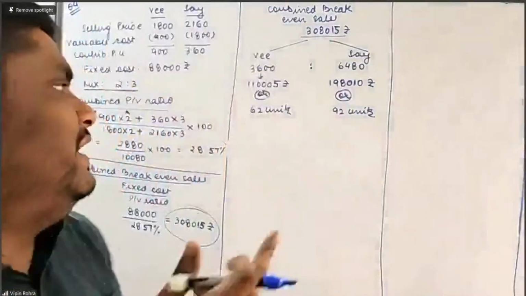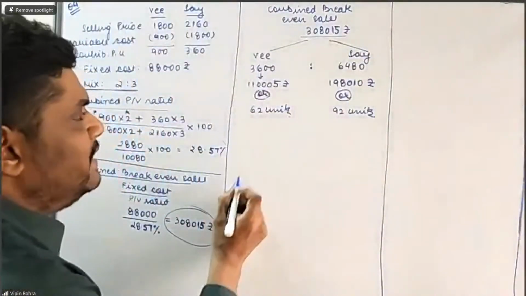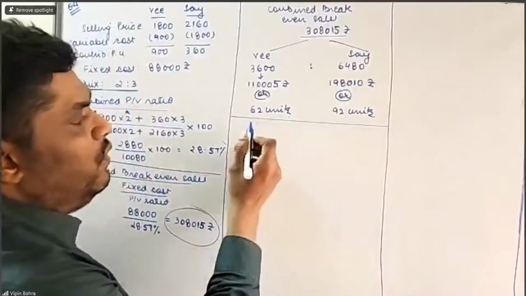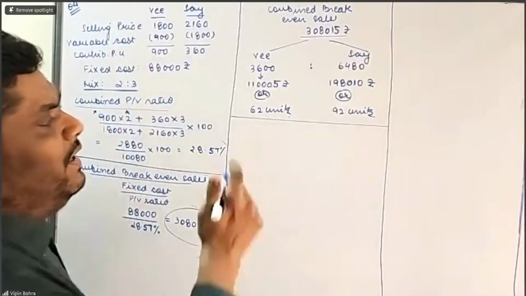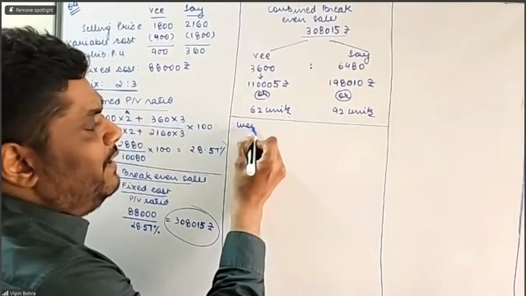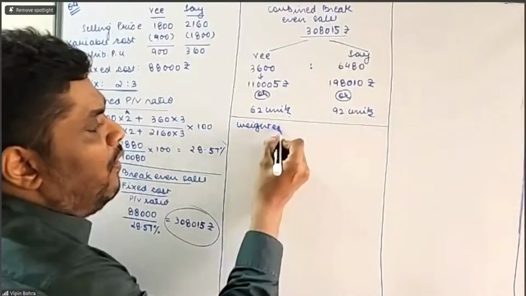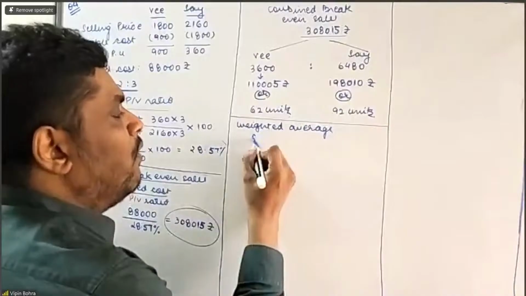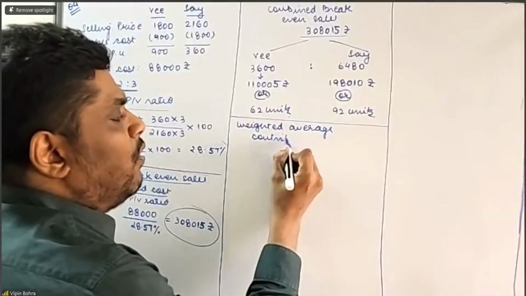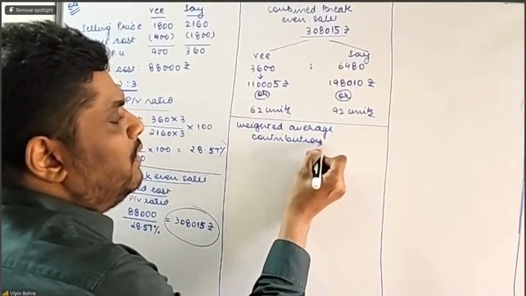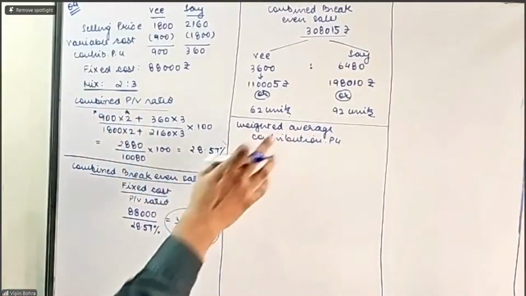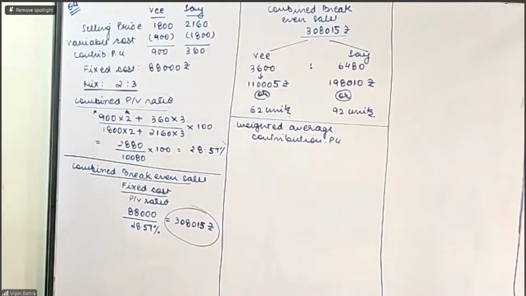There is an alternate way to calculate the break-even sales in quantity also. For this, we have to calculate the weighted average contribution per unit. So instead of calculating the PV ratio, we will calculate the weighted average contribution per unit.